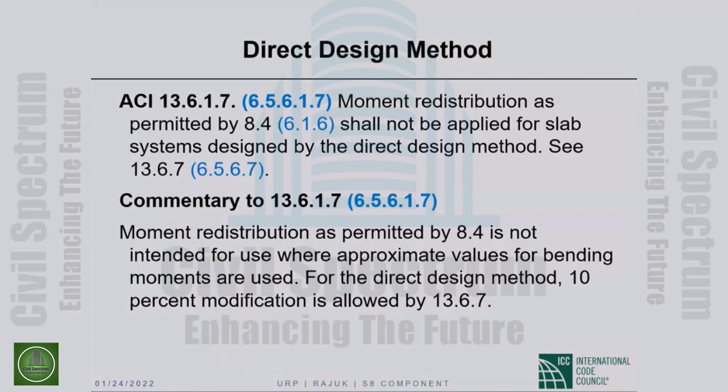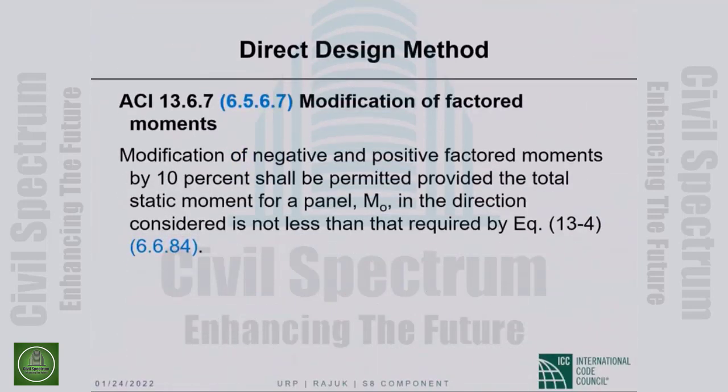The usual moment redistribution that we allow, remember 1000 times epsilon sub t, that is not permitted with the direct design method. But we are allowed a 10% moment redistribution with the results of the direct design method. So the usual moment redistribution doesn't apply because this is approximate, but up to 10% moment redistribution is specifically permitted by section 13.6.1.7.